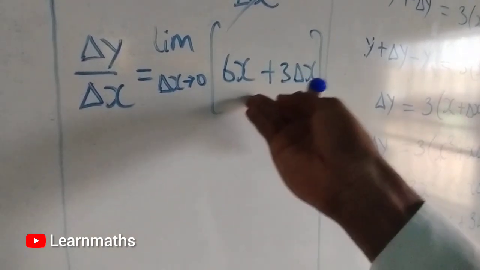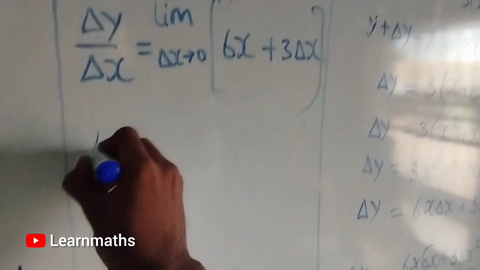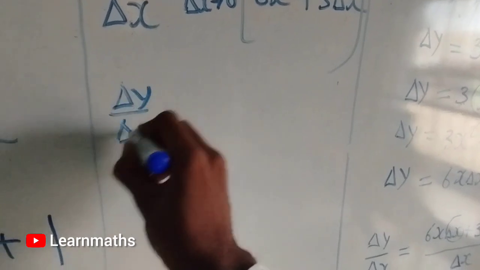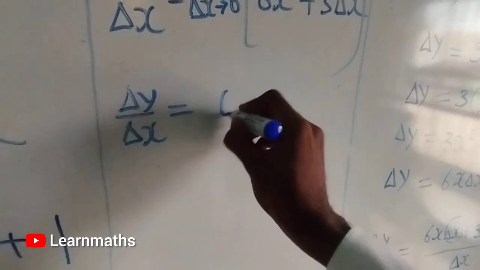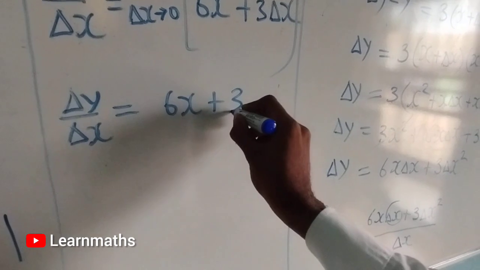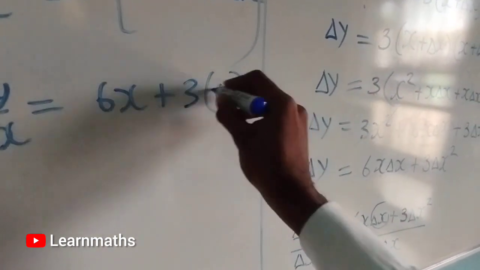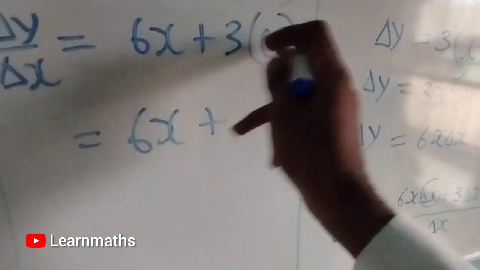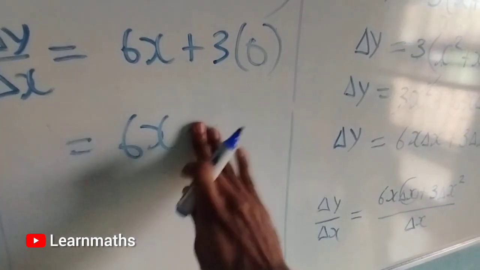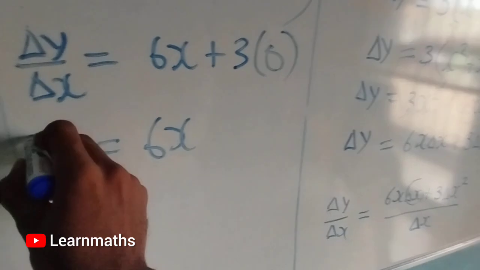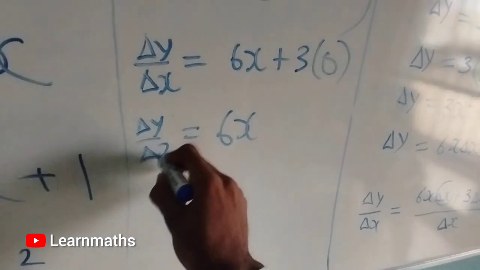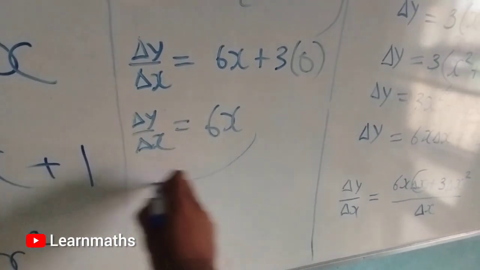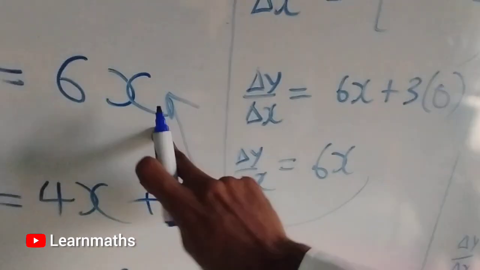Change in y over change in x is going to be equal to 6x plus 3 times 0, that's 0, right? So we're just left with 6x, which is the same thing as what we got using the general method.